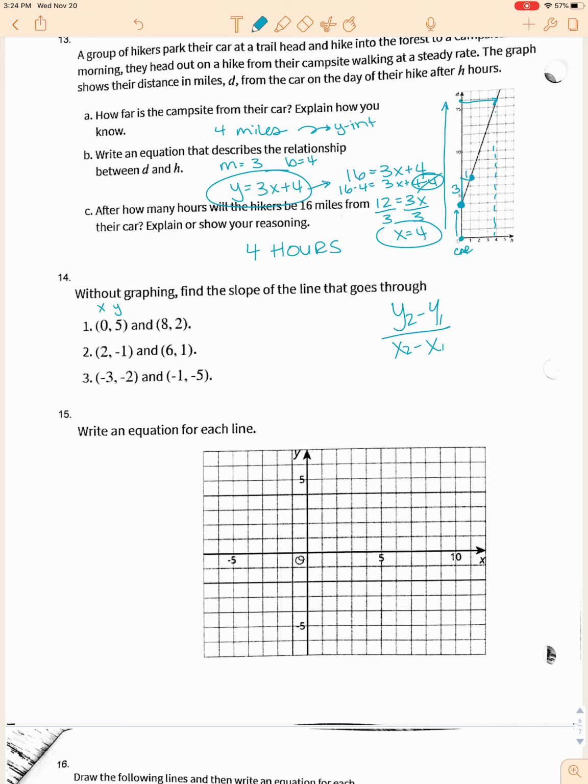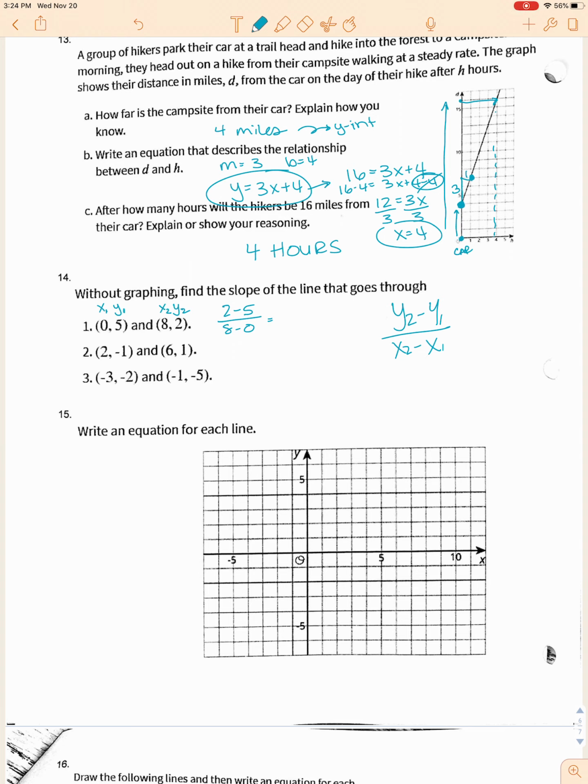So this is an x and this is a y. This is an x and this is a y. 0, 5 is my first ordered pair, so I'm going to label those 1s. 8, 2 is my second ordered pair, so I'm going to label those 2s. And then I'm going to plug in those values. So 2 minus 5 over 8 minus 0.